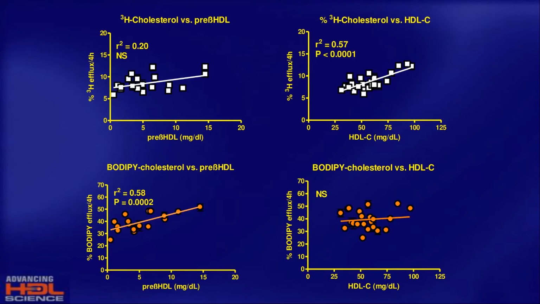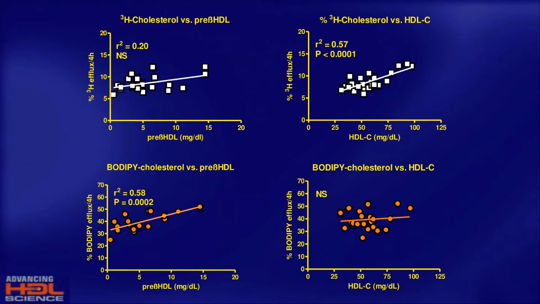In terms of the association with the pre-beta HDL, those ApoA1 complexes, the BODIPY assay shows a higher correlation, 0.58, than the tritiated method here.